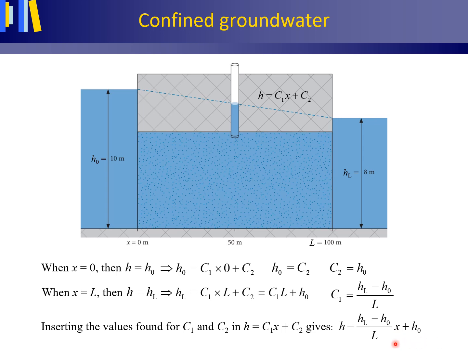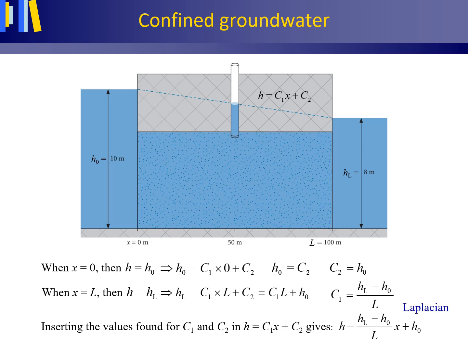HL minus H0 divided by L is the slope of your hydraulic head distribution, your potentiometric surface or your piezometric surface, and HL minus H0 divided by L is of course your hydraulic gradient.